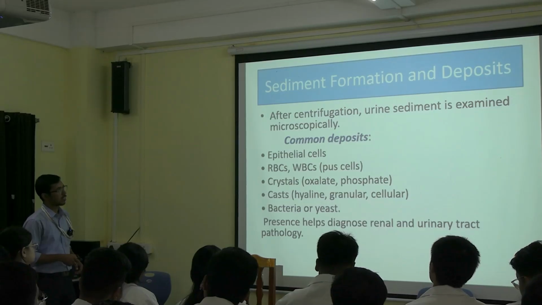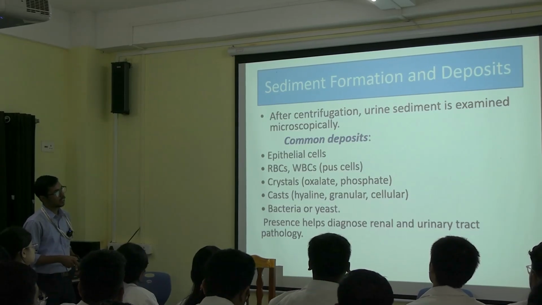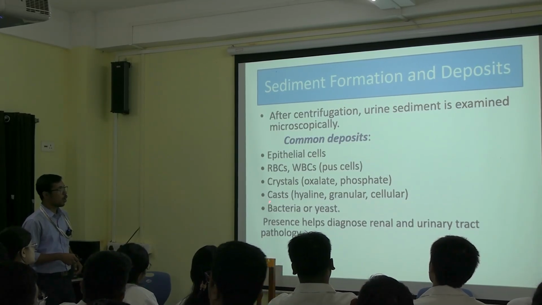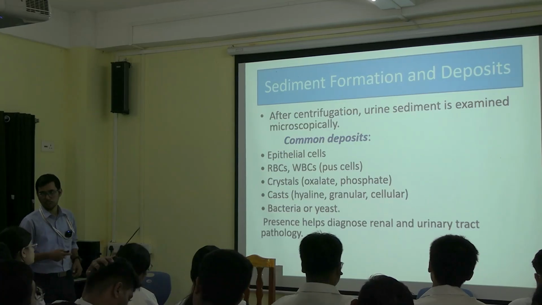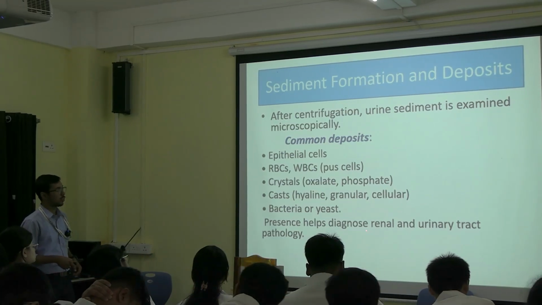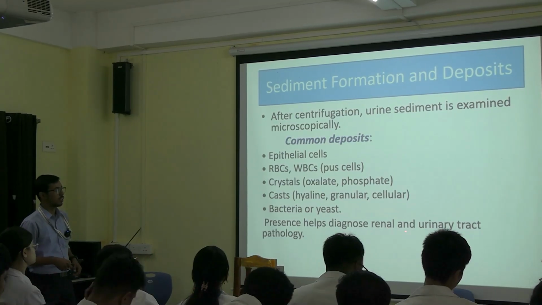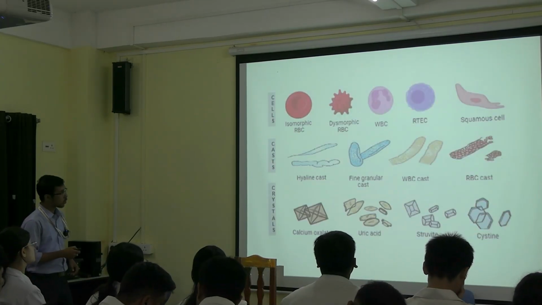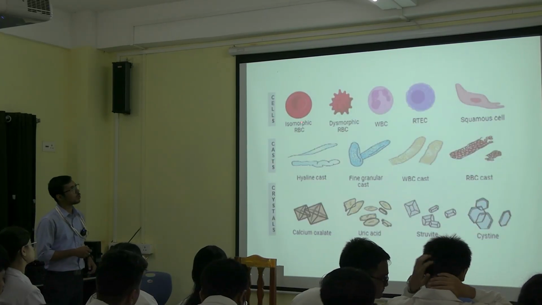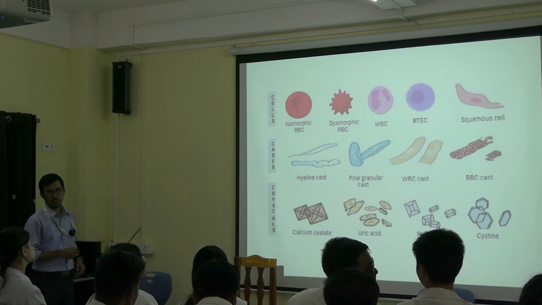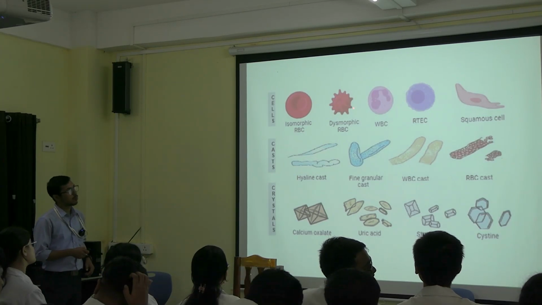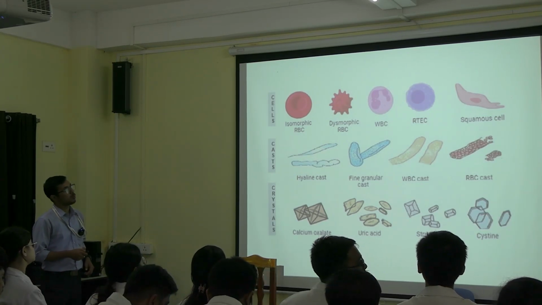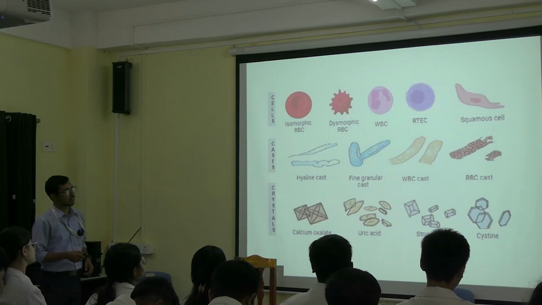Then there will be casts like hyaline cast, granular cast and cellular cast. We will read about this one. Bacteria or yeast can be found if present in the urinary tract. The presence of these helps in diagnosing renal and urinary pathology. So the cells can be found like isomorphic RBCs, normal RBCs, then dysmorphic RBCs, then WBCs, reticulocytes and squamous cells.